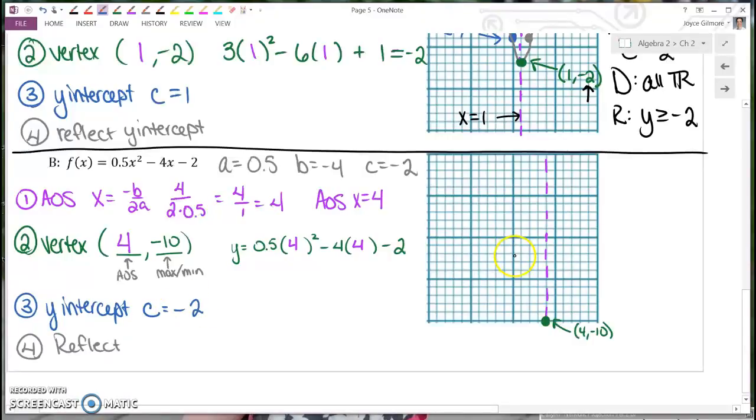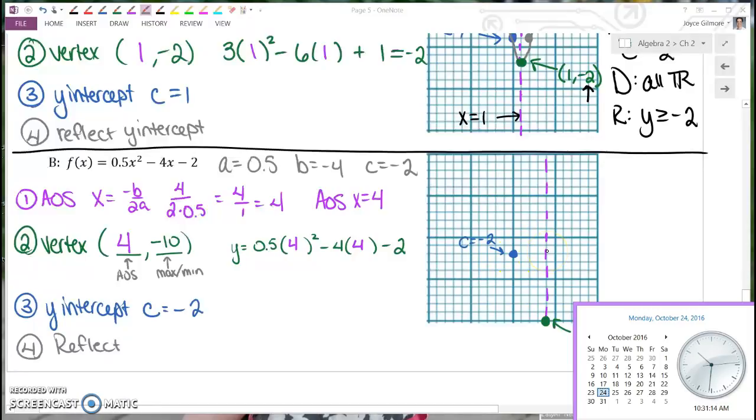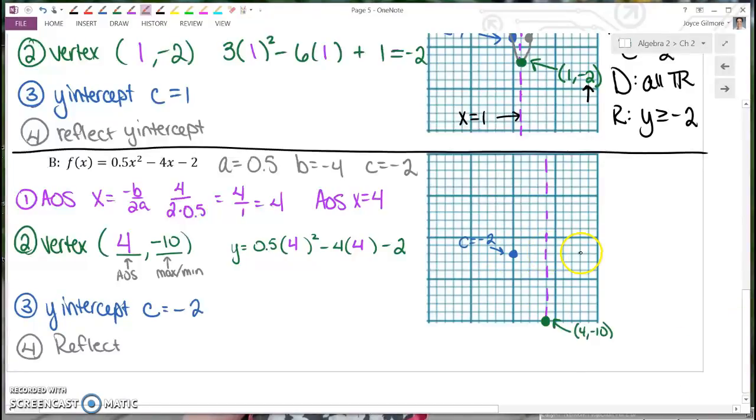So our graph crosses the y-axis at -2. C equals -2. Your last step then is to reflect that y-intercept over the symmetry line. It's 4 units away from the symmetry line, so go 4 units in the other direction. And then you can sketch in your U-shape.